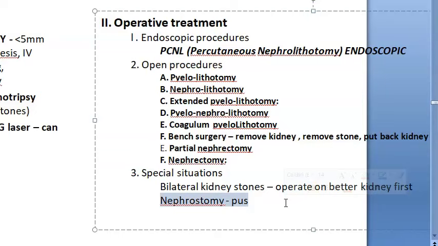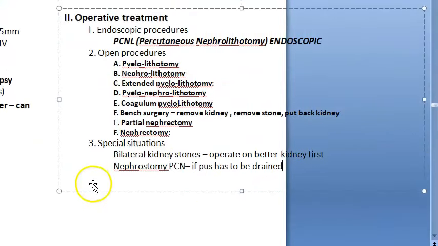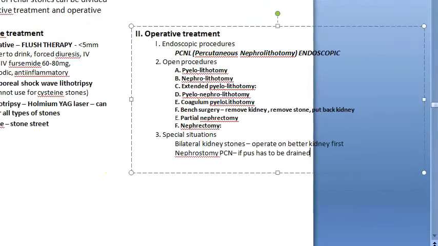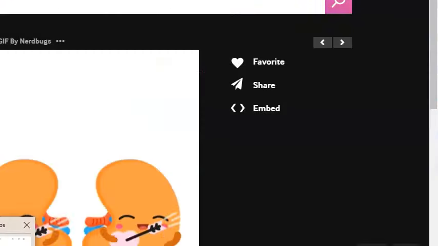So this is actually called percutaneous nephrostomy. If pus was there, this procedure is called percutaneous nephrostomy. If pus has to be drained, they will do this. So we are done, guys, with all the treatments of renal stones.